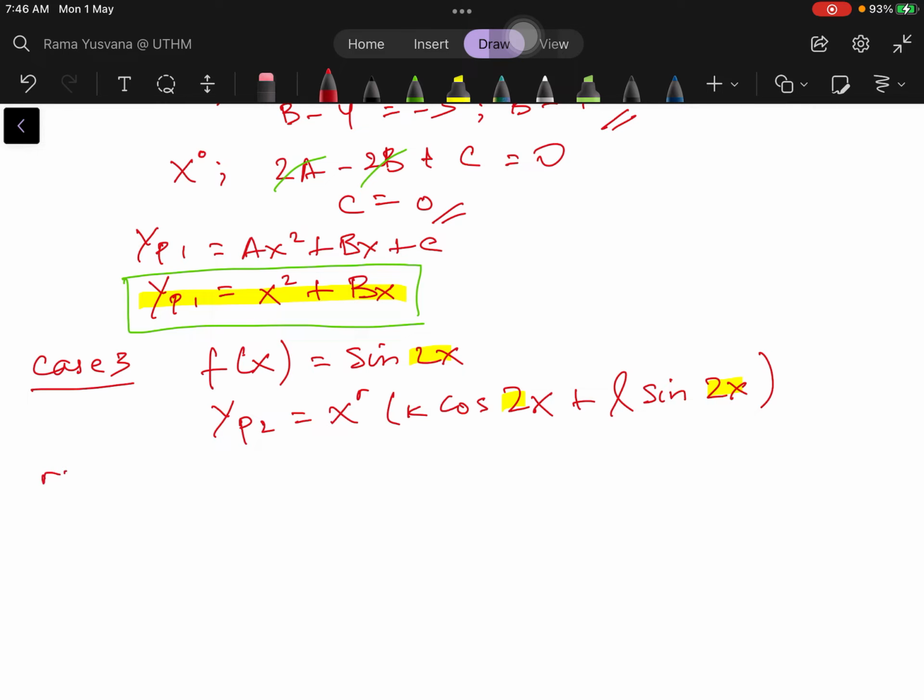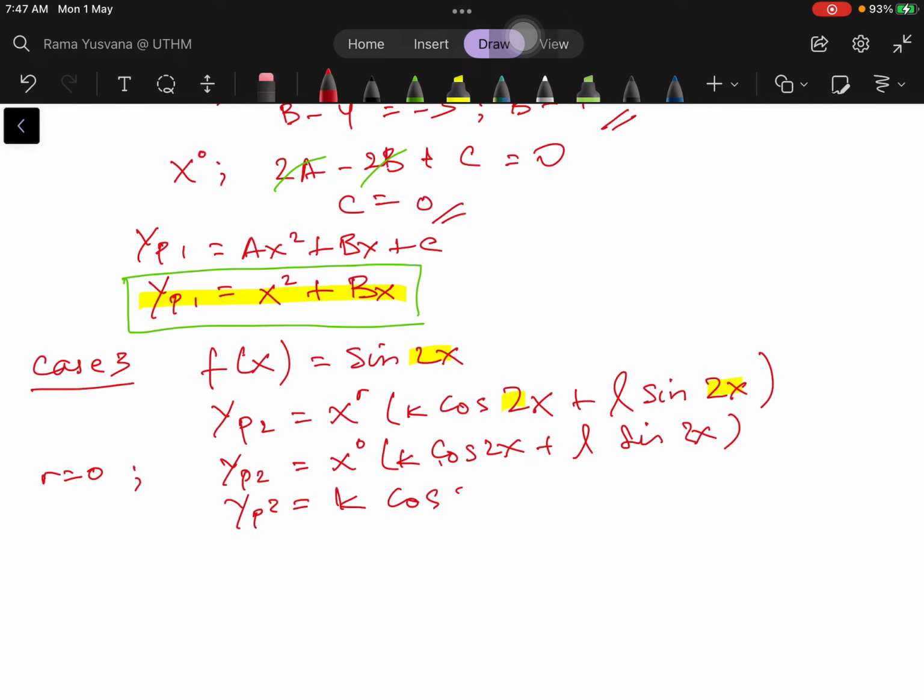So start with r equals to 0. You get our yp2 equals to x to the 0 times k cos 2x plus L sin 2x.